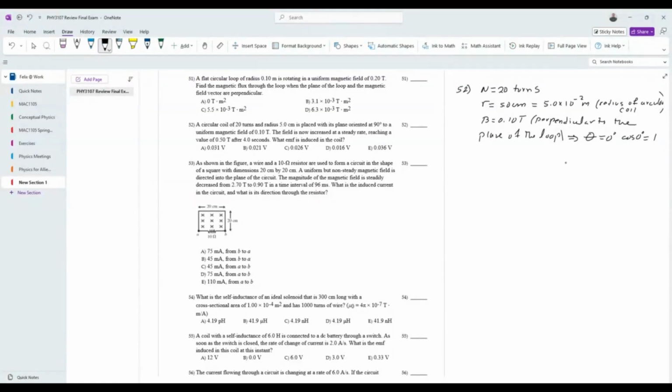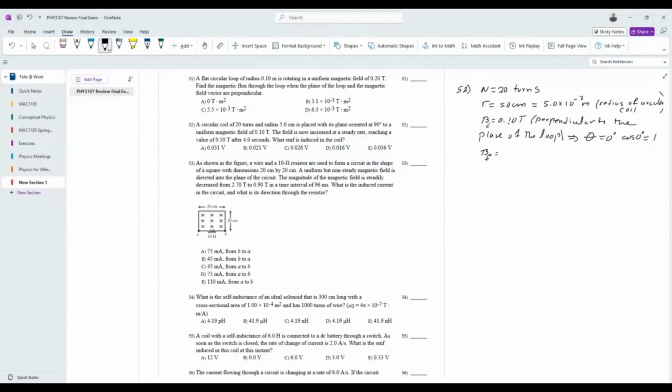Now, what did they say? The field is now increasing at a steady rate, reaching a value of 0.50 Tesla after 4 seconds. So this was the initial field strength, but there will be an increase in the field strength.